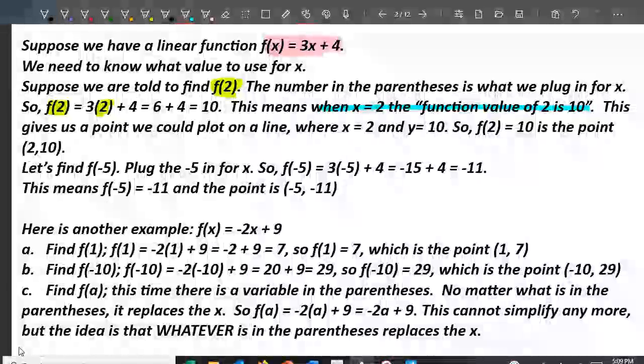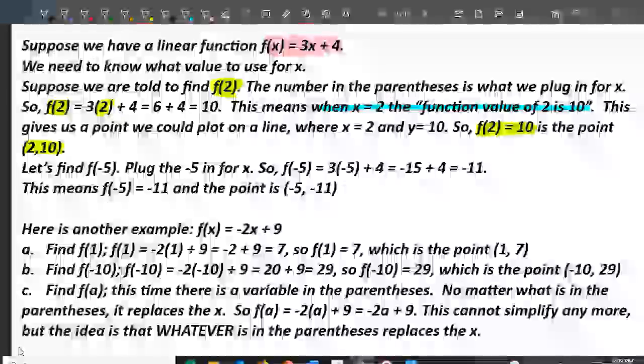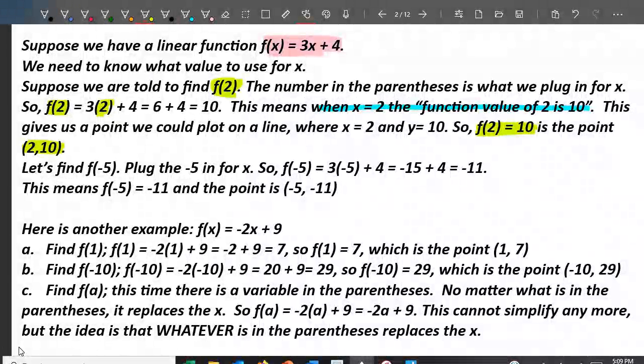Not only does it tell me that information, but it gives me a point I could actually plot. Since x is 2, the y would be 10. So f of 2 equals 10 is the point (2, 10). The x is 2, and 10 would be our y that we would plot. Here's another.